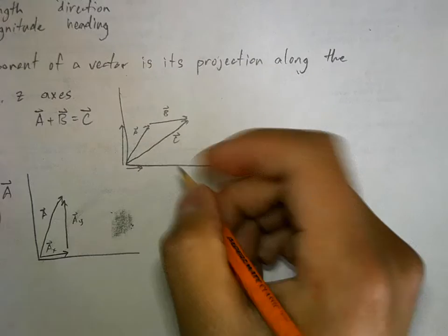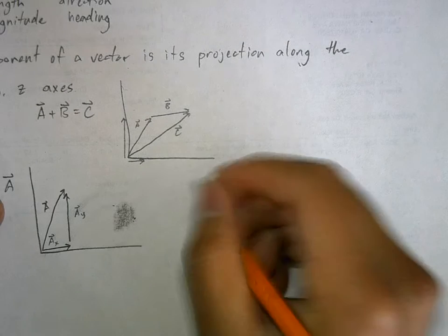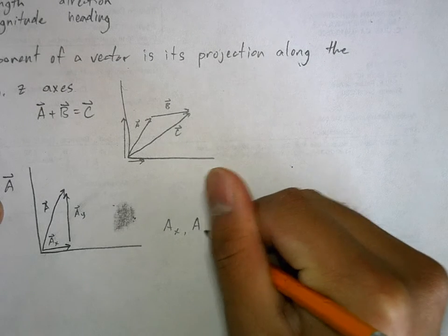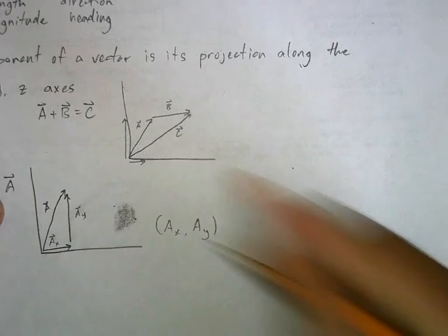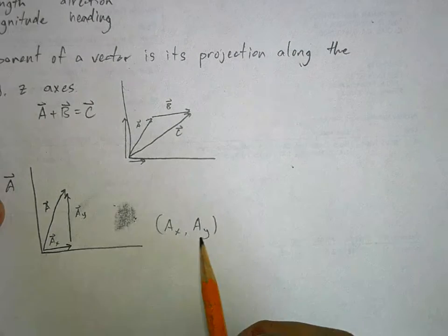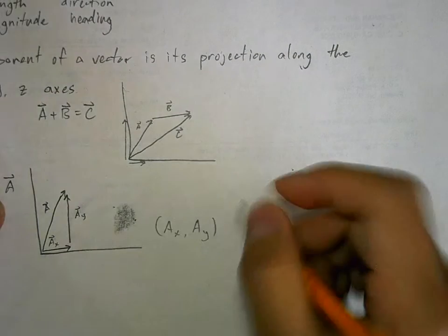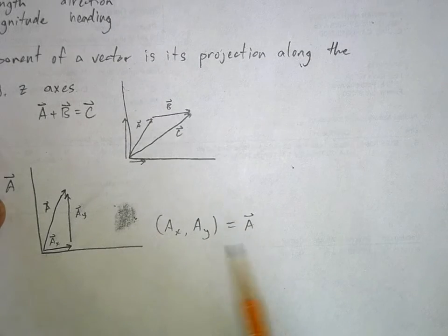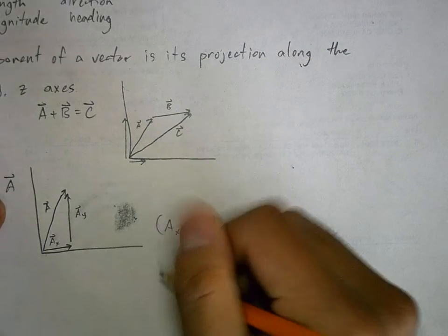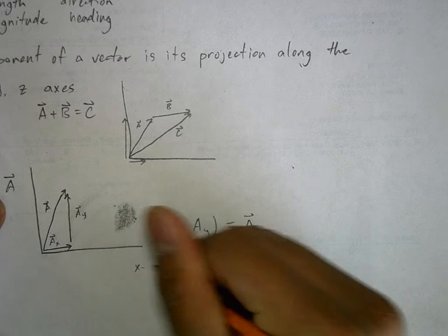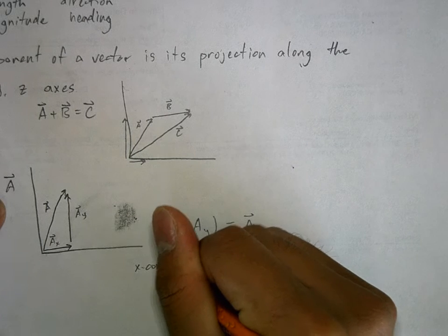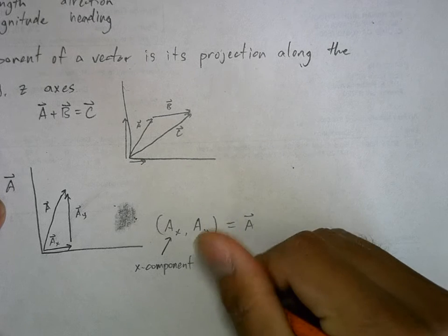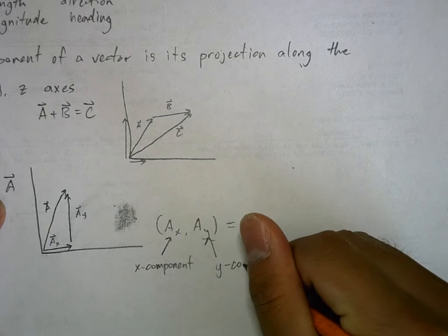Well, you can take your a sub x value, put it next to your a sub y value, and that is just your vector a described in its coordinates of the x and y direction, right? So this is what we call the x component. And if you already can guess, this is the y component.